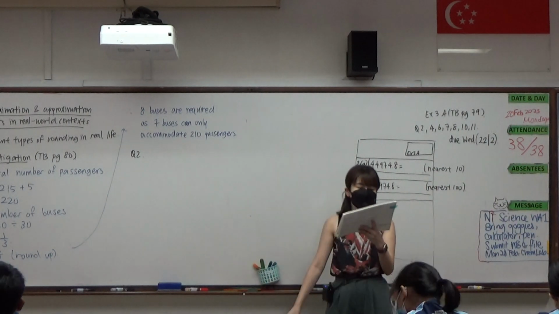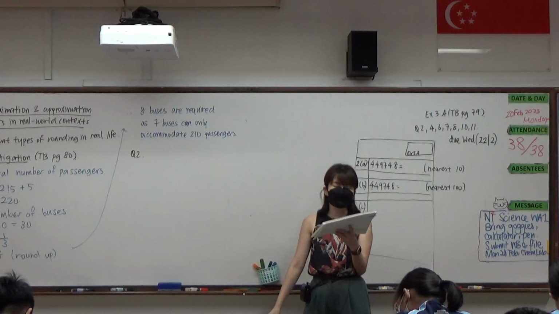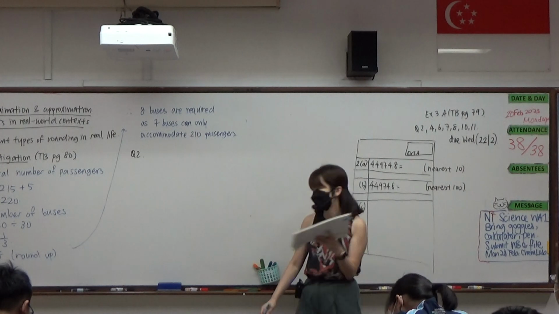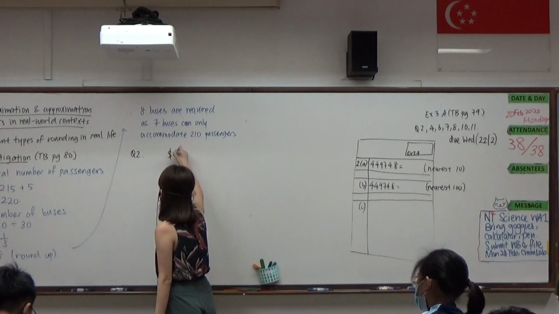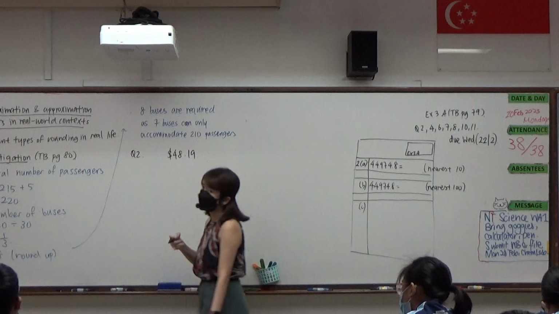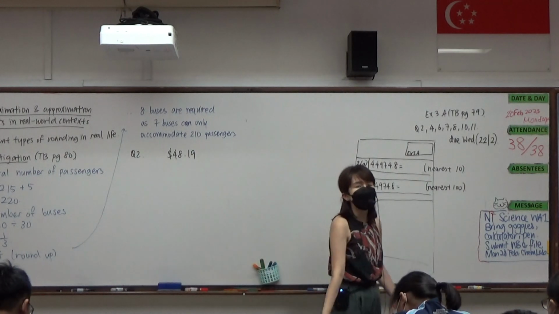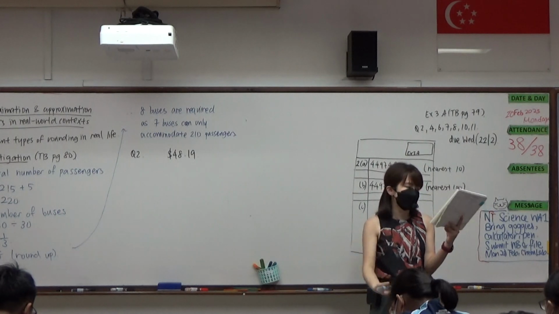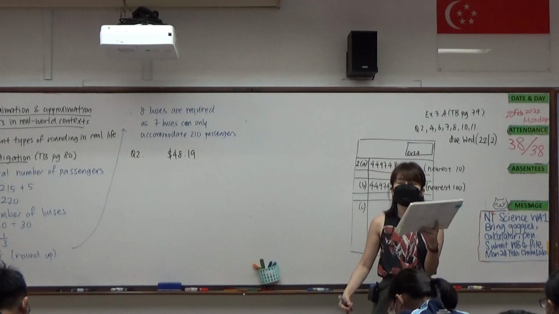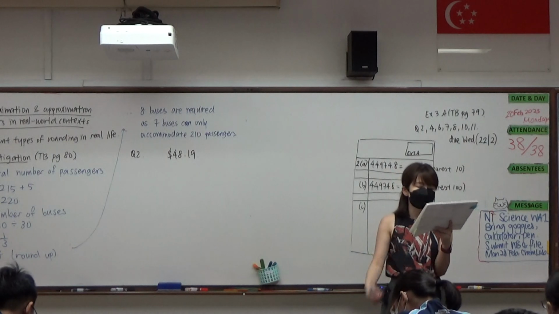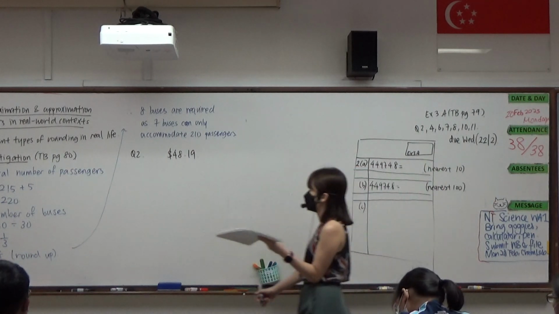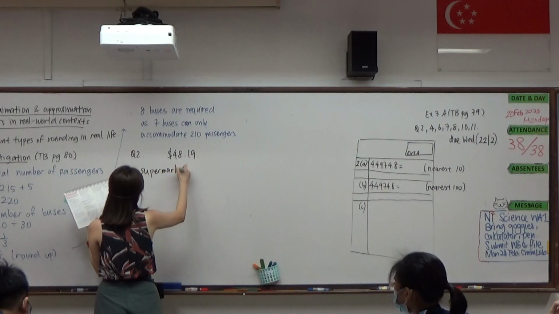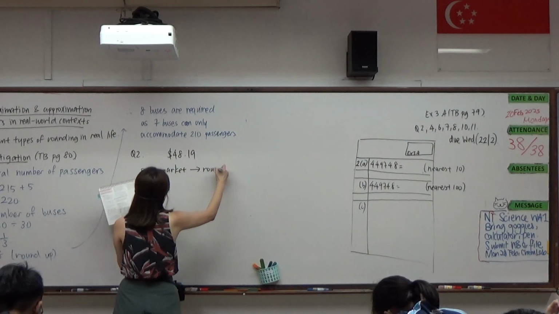Next, we look at question 2. It says that suppose the grocery bill is $48.19. So the bill comes up to be this amount. And then you as a customer, you're going to pay in cash. So you're only going to pay in your dollars and cents, the notes and your coins. So what the supermarket usually does is to round down this amount to the nearest 5 cents.